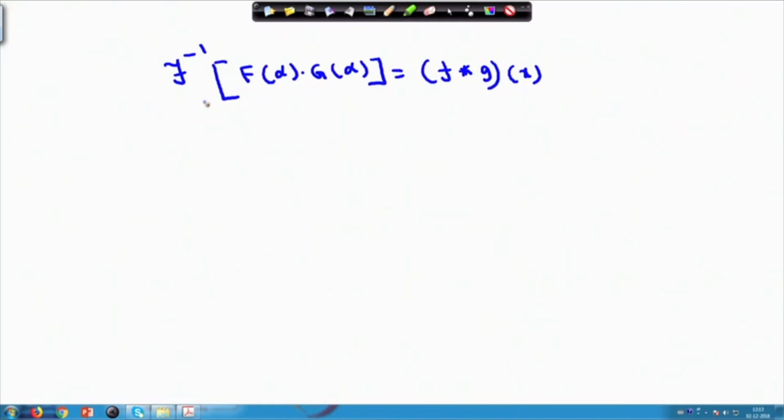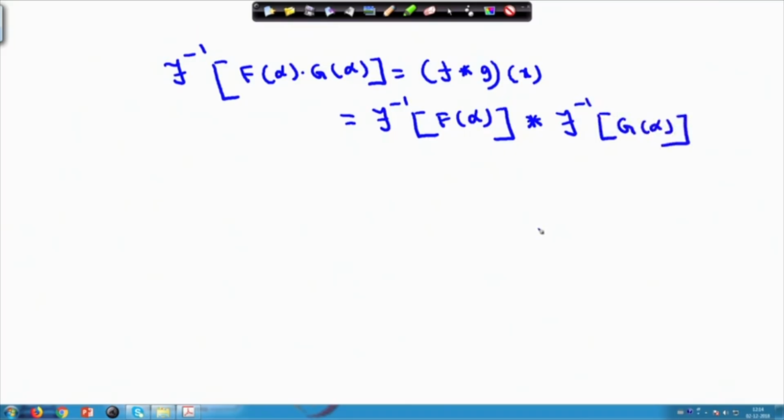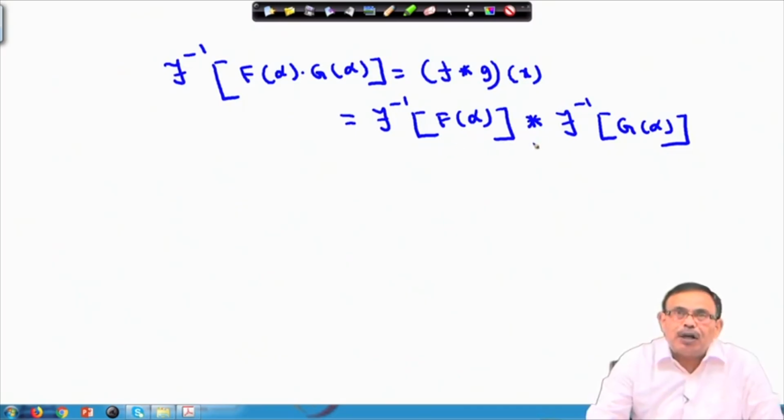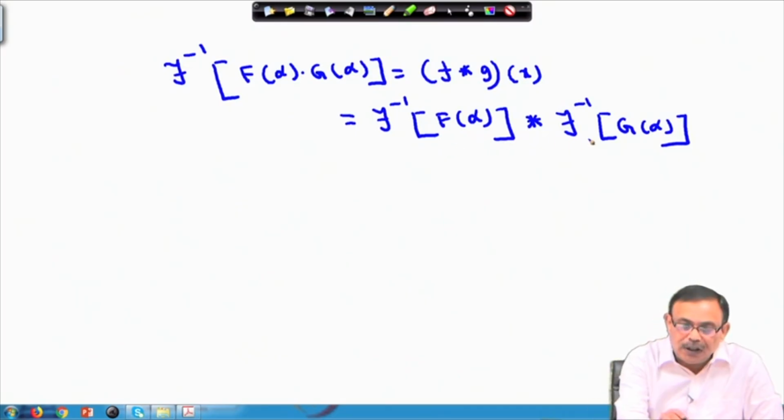So, from there I can write down Fourier inverse of f alpha into g alpha is equal to f star g of x, and this is equal to Fourier inverse of f alpha convolution Fourier inverse of g alpha. So, this corollary we can obtain that Fourier inverse of f alpha into g alpha is equal to Fourier inverse of f alpha convolution Fourier inverse of g alpha.